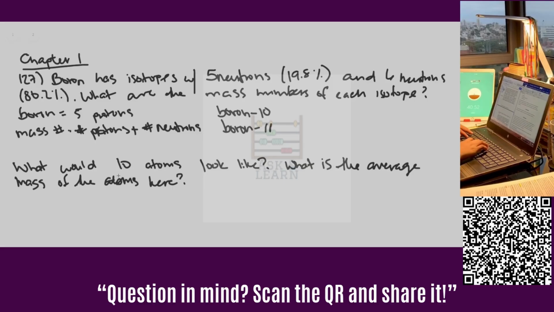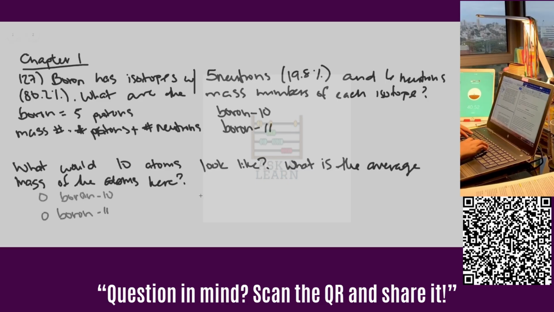Part 2 asks you to draw 10 atoms and asks what the average mass of these atoms is. So I'm going to draw boron 10 as red and boron 11 as blue here. Now the problem tells you that boron 10, which has 5 neutrons, makes up about 20% of the total boron in nature.